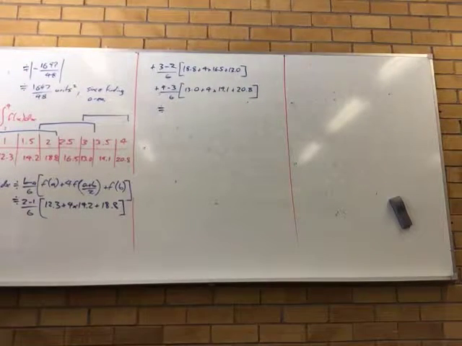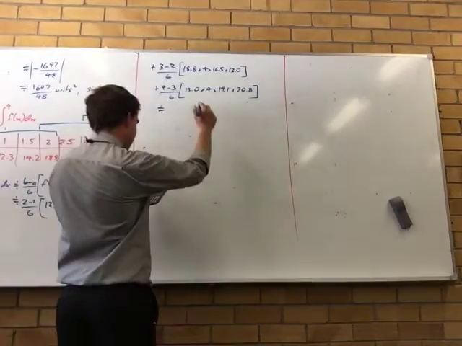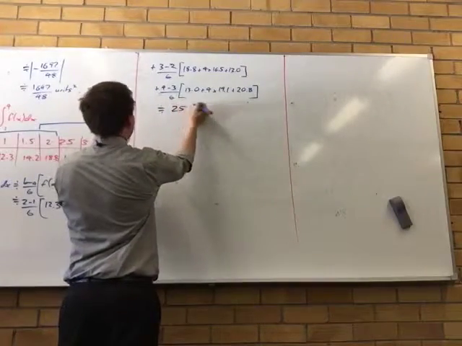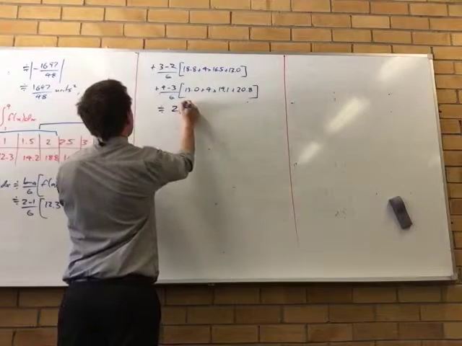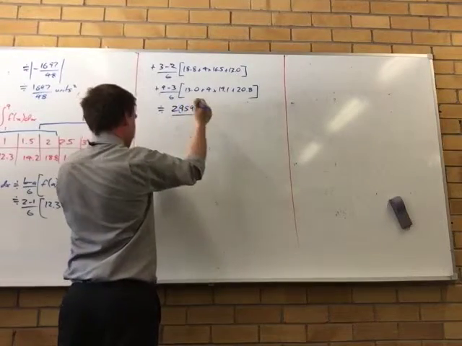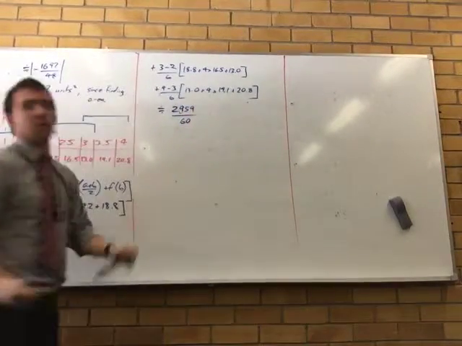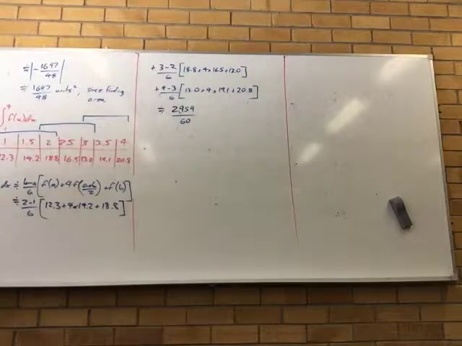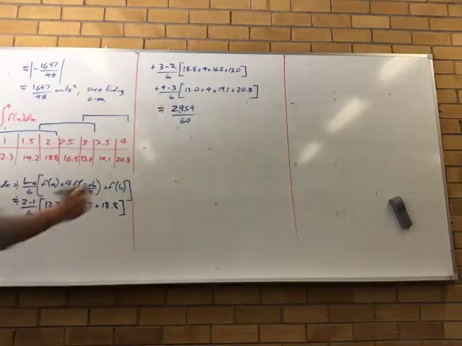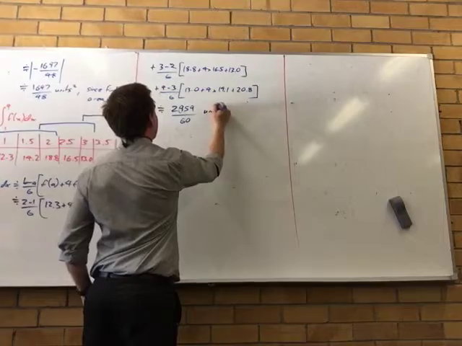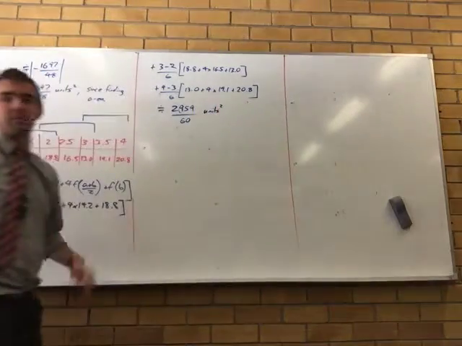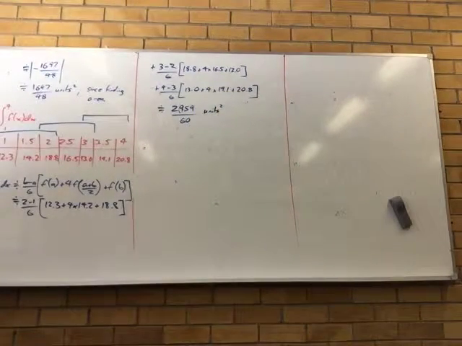Approximately 2959 over 60, units squared.